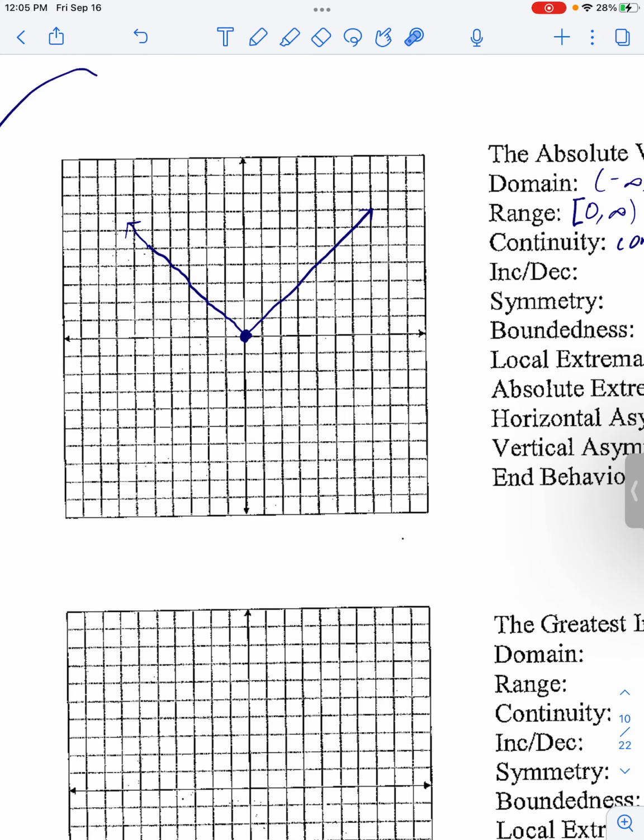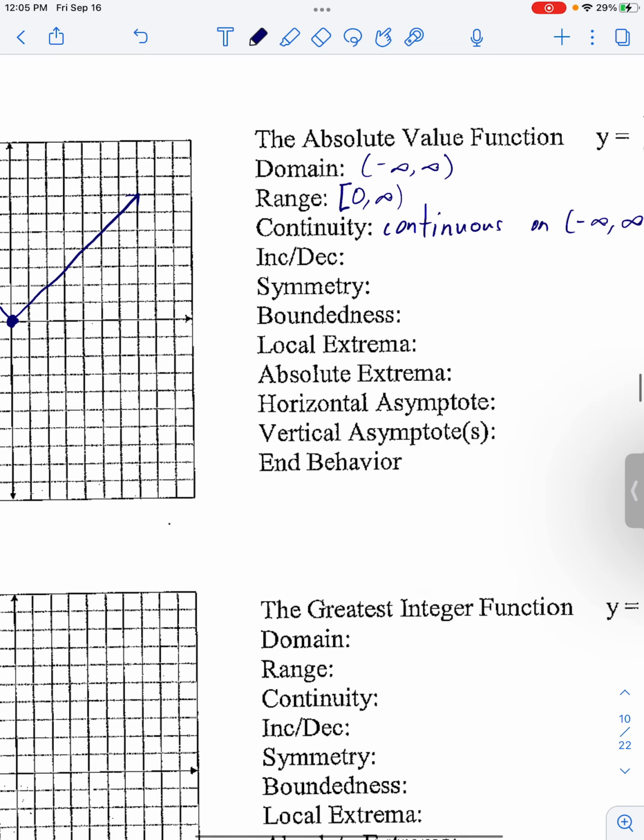Increasing and decreasing. Okay, notice to the left here, as my x increases, as I go to the right, my y goes down. So I'm decreasing on negative infinity to 0.